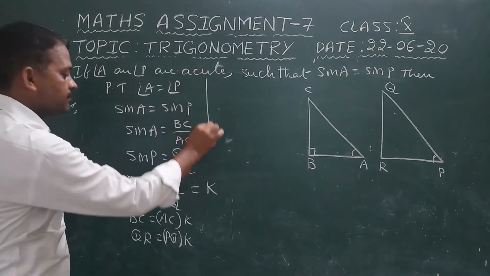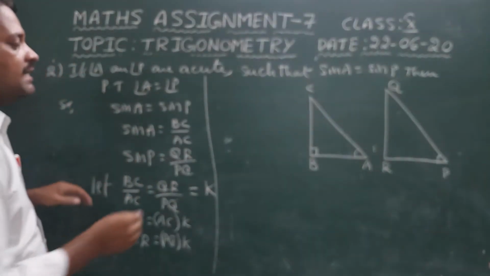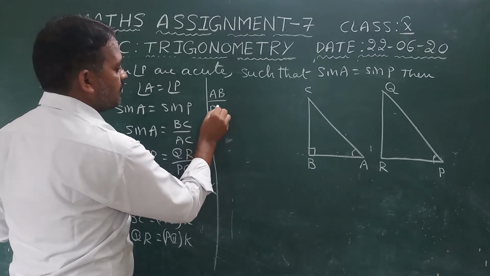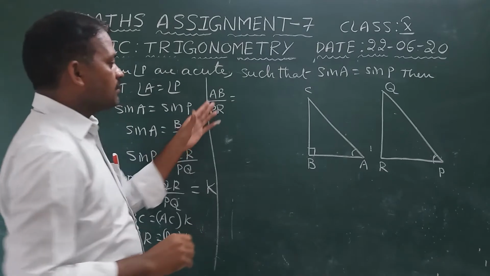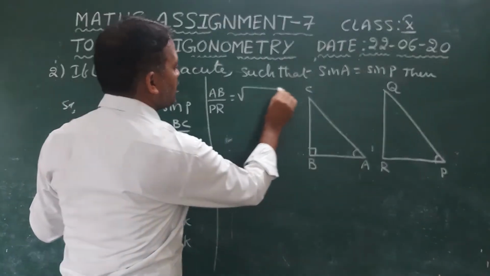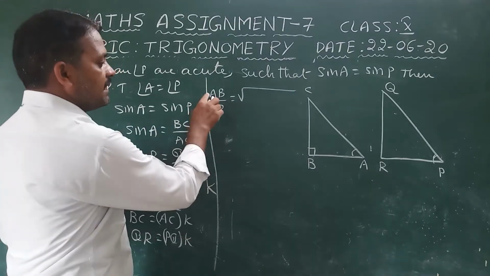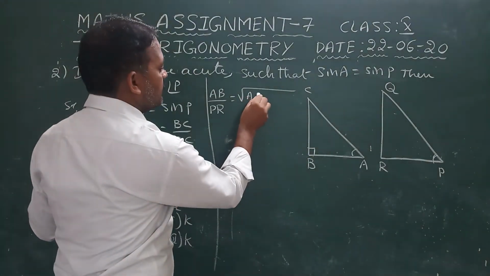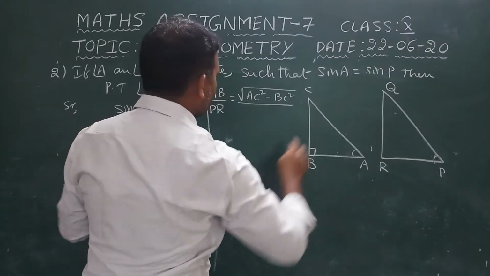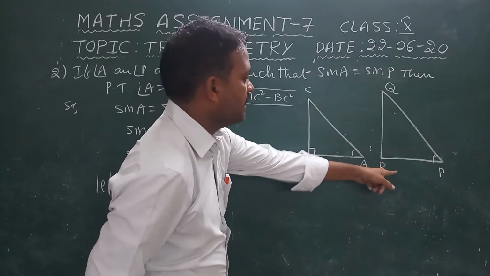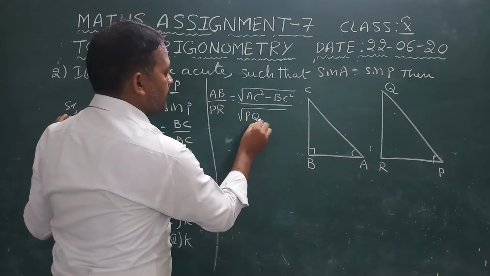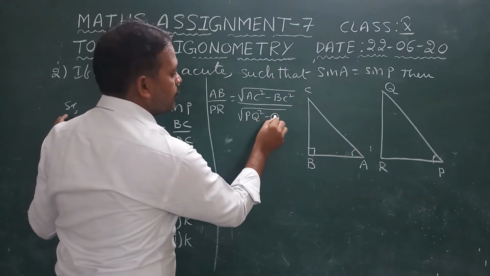After that, I need to find AB by PR. In these two triangles, applying the Pythagorean formula, AB is equal to the square root of AC square minus BC square, and in the second triangle PR is equal to the square root of PQ square minus QR square.